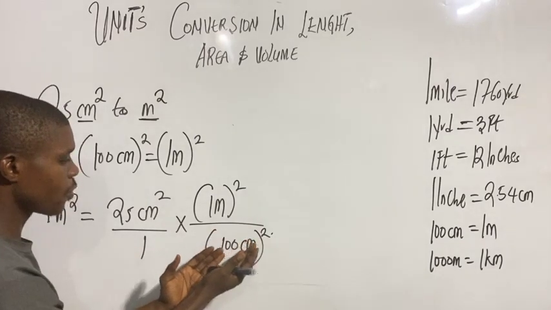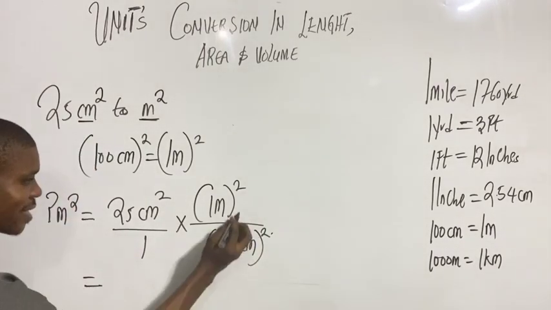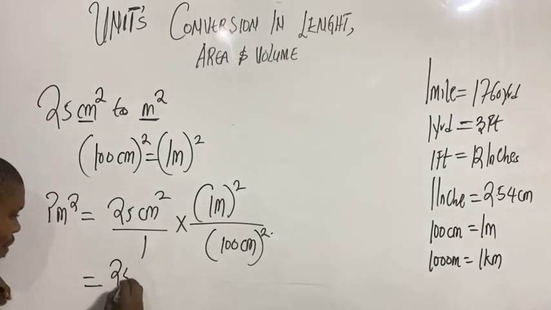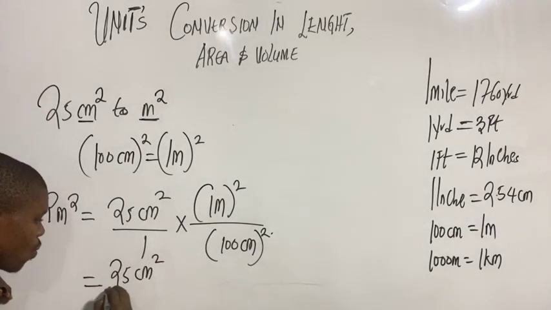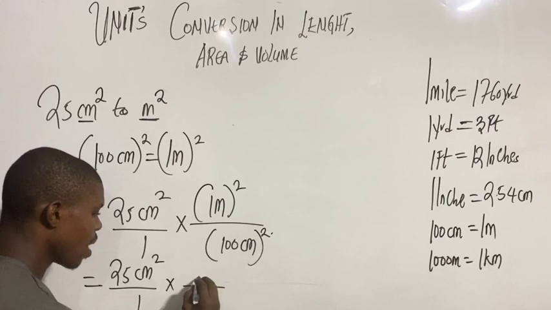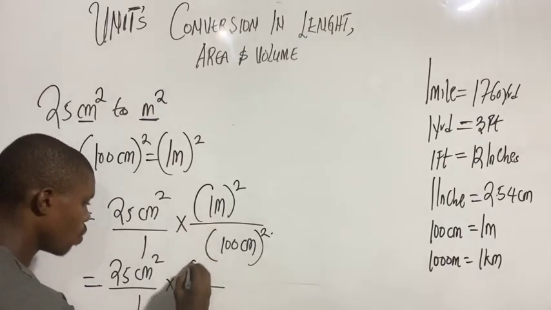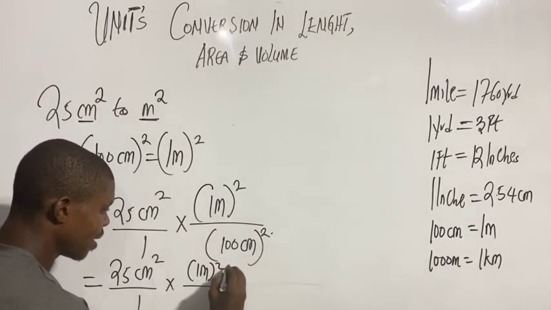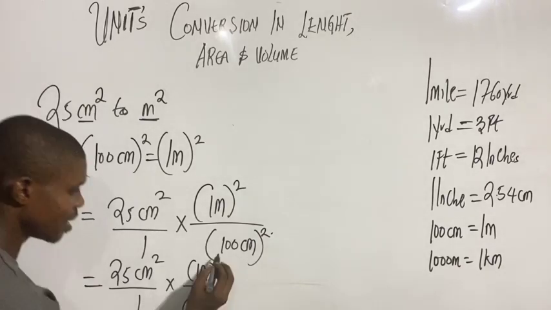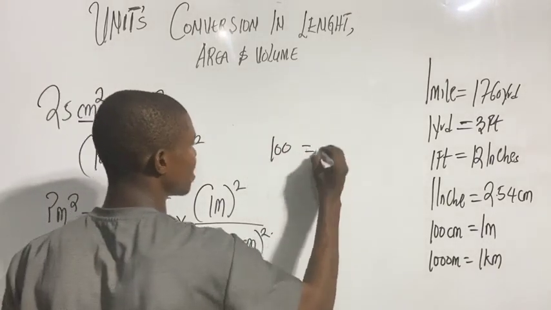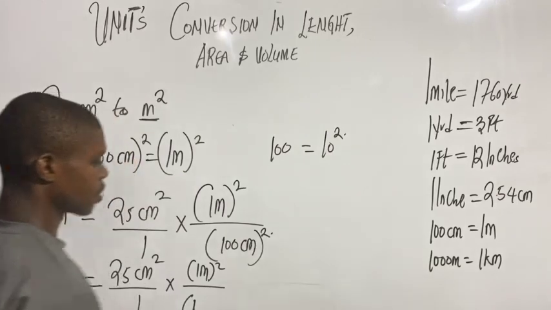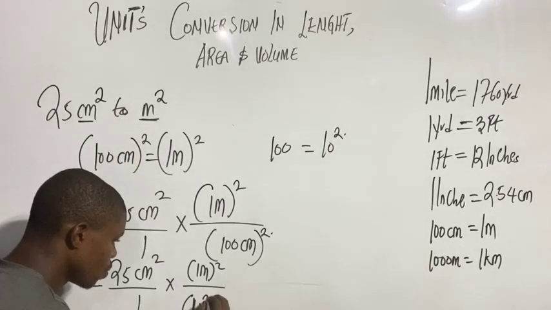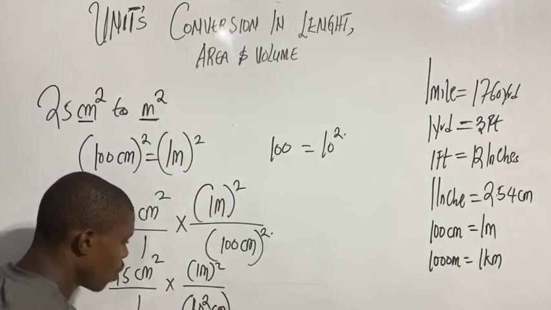For me to solve it here, I need to break this down. Here we have 25 cm square over 1, times 1 meter all squared over 100 cm all squared. Remember, I can write 100 as 10 raised to 2, so here I can say 10 raised to 2 centimeter all squared.